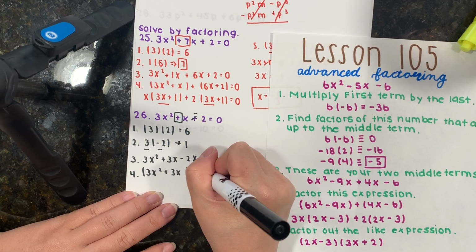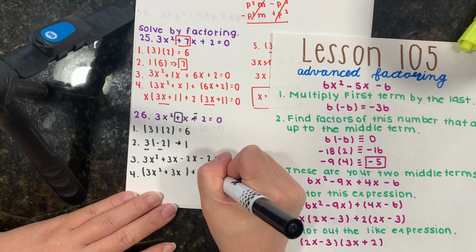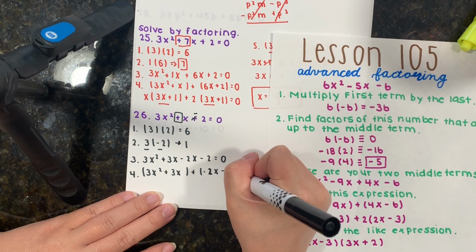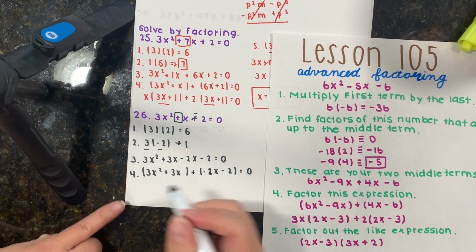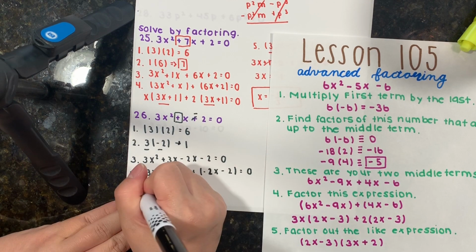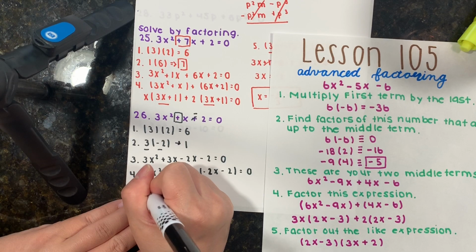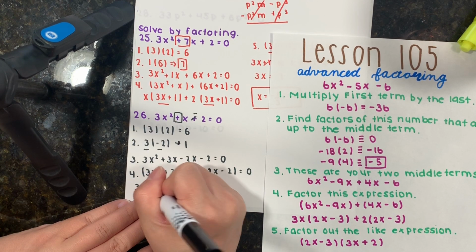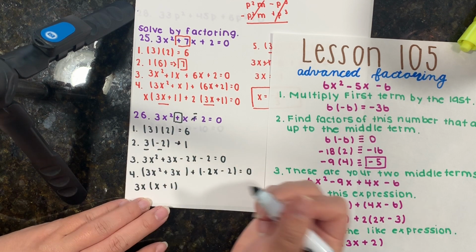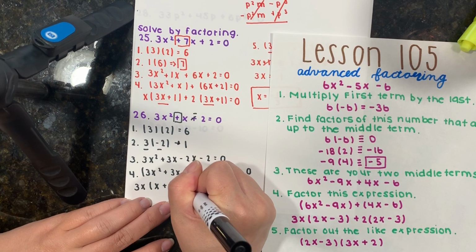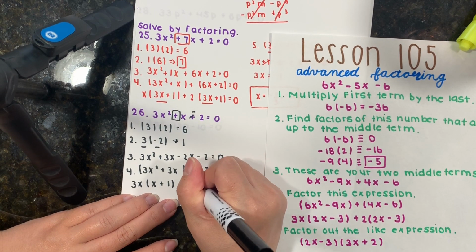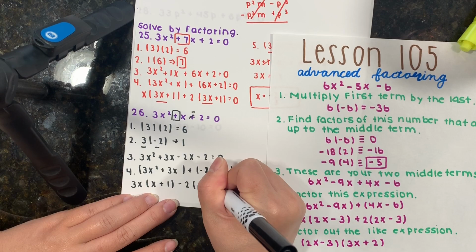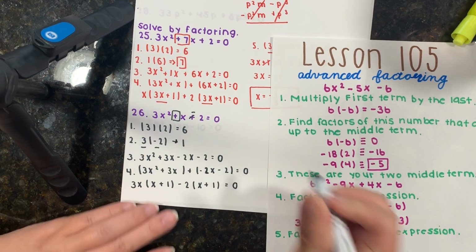Second parentheses is going to be -2x minus 2 equals 0. So what can I factor out of the first term? Well, in the first term, I can factor out a 3 and an x, leaving me with x in the first term and 1 in the second term. The second parenthesis, I can factor out a -2, which would leave me with x and +1 in the second parenthesis.